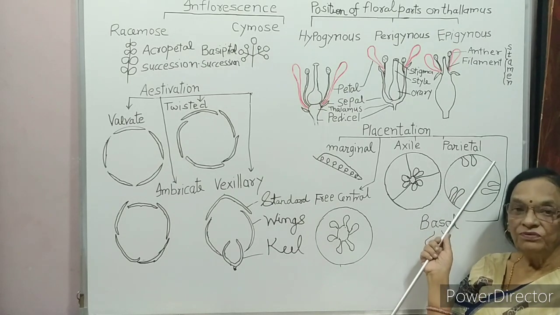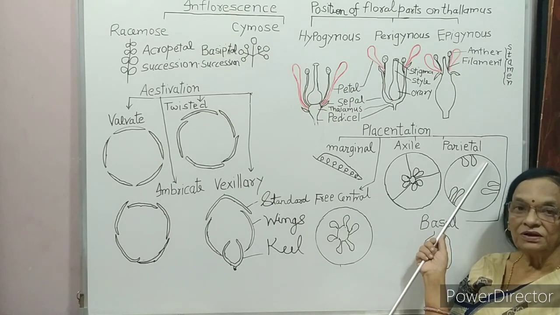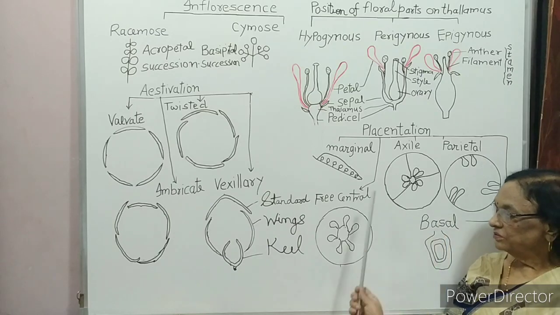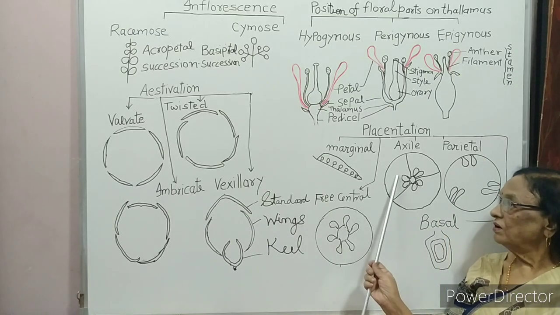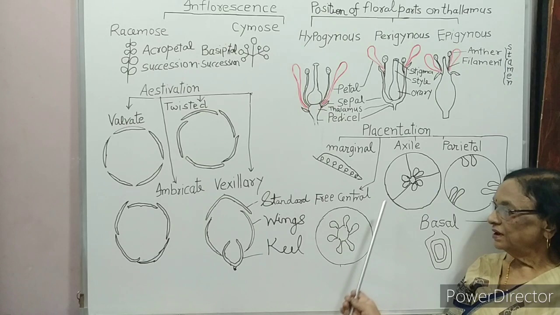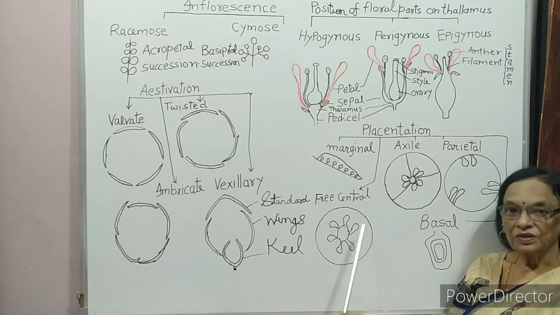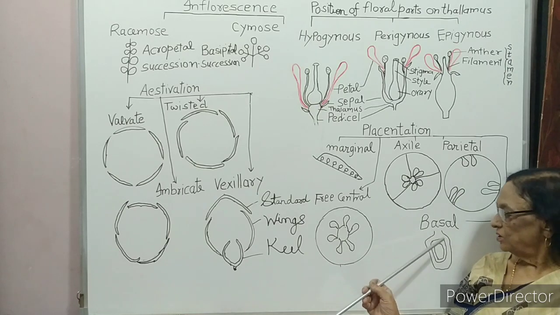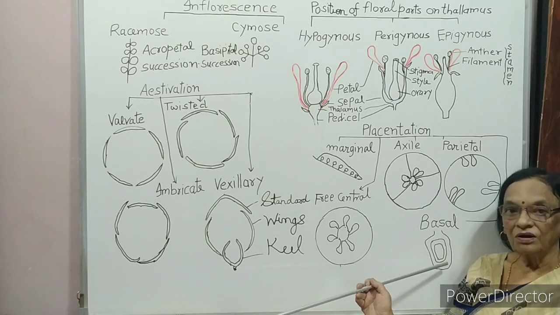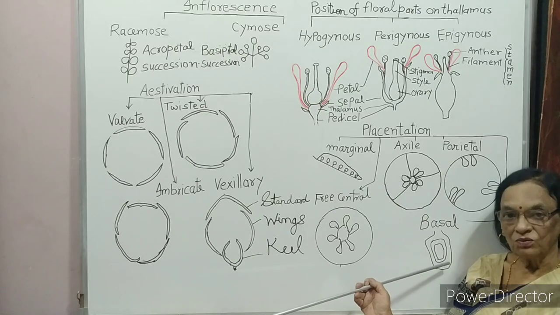Parietal, ovule develop from the inner wall. Free central, no locule, no partition, and ovule develop through the center. Basal placentation, ovule develop from the base of the ovary.